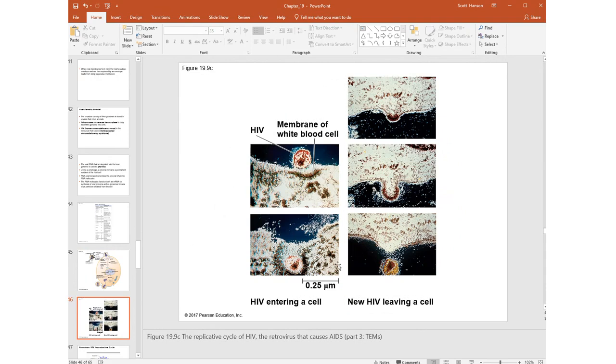And then also here's HIV leaving the cell, HIV virus particle coming up to the membrane, pushing out into the membrane, and then being released from the cell. So really great electron microscope photographs then. So these processes actually happen.